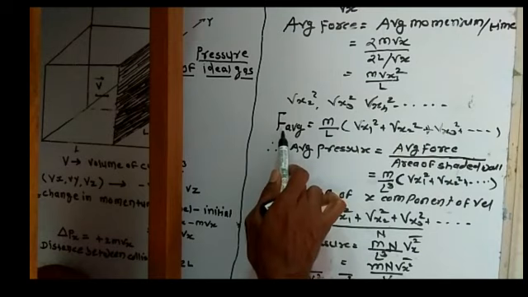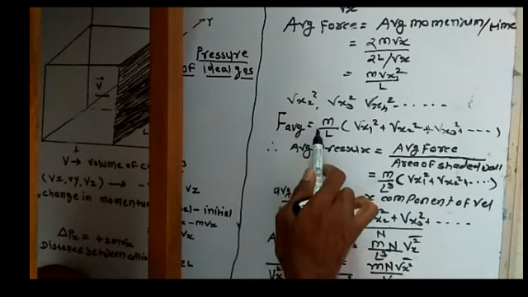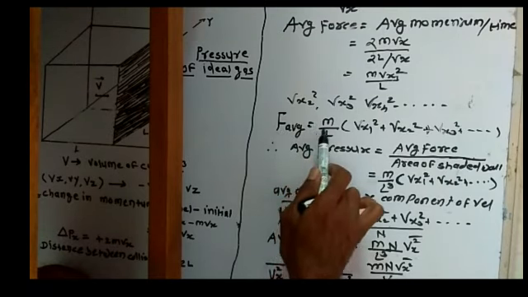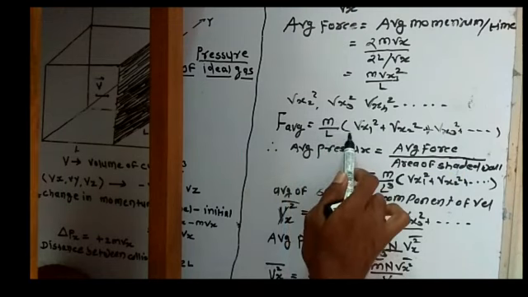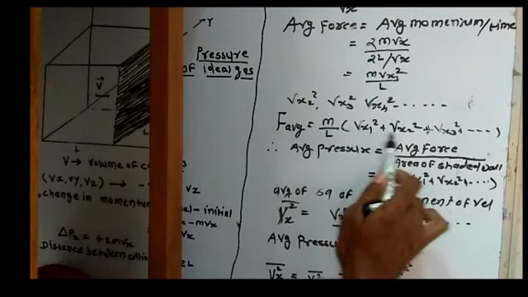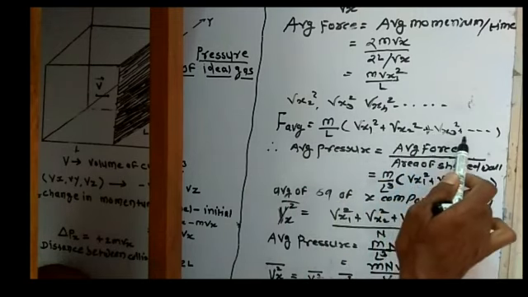Therefore, the average force is equal to the sum over all the molecules of the x component velocity terms, that is, average force equals m by L times Vx1 square plus Vx2 square plus Vx3 square plus and so on up to n.